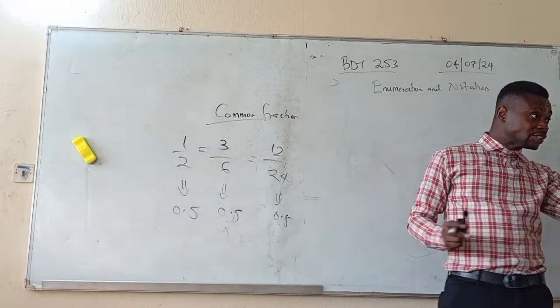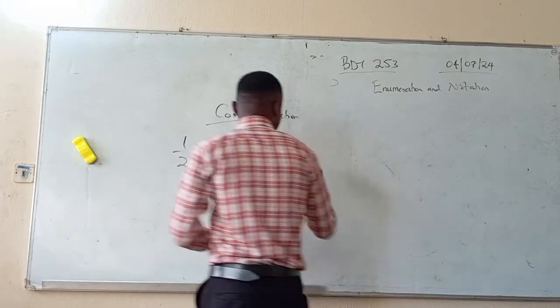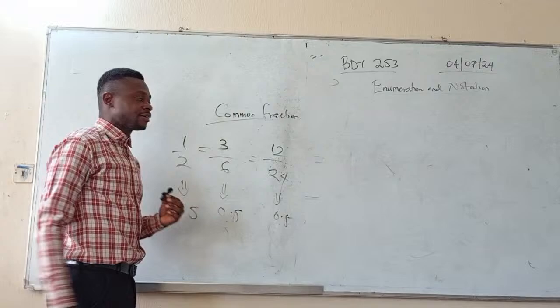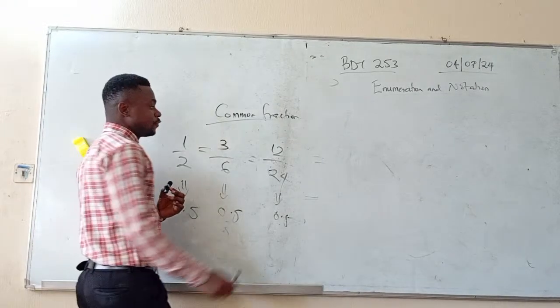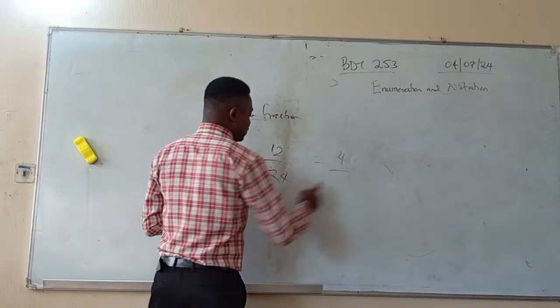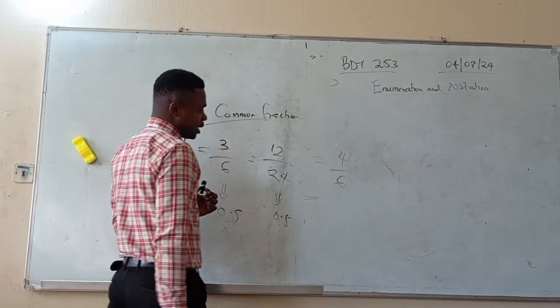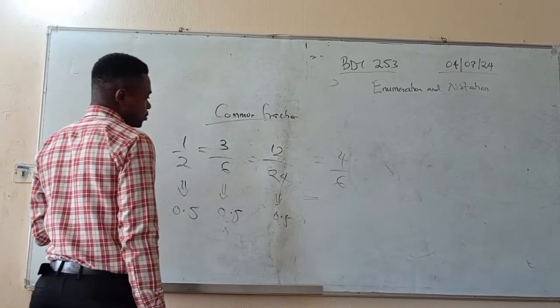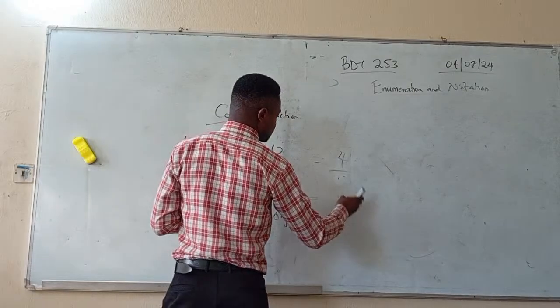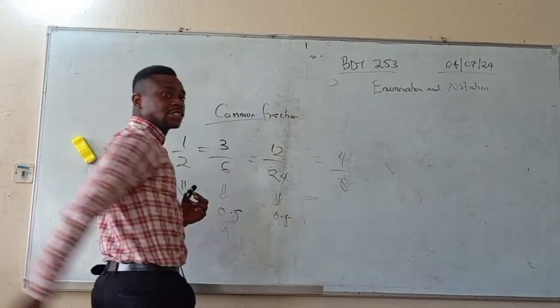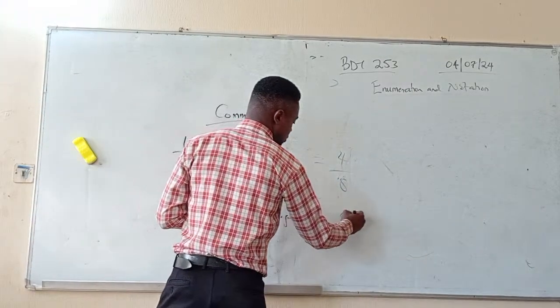Remember we had multiplying. Alright, let's do division. Divide 12 by 3. 4. Divide 24 by 3. 8. 4 divided by 8 is what? 0.5.